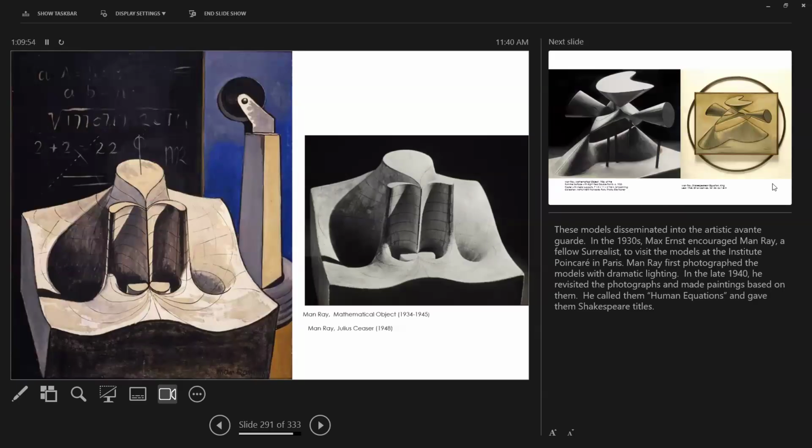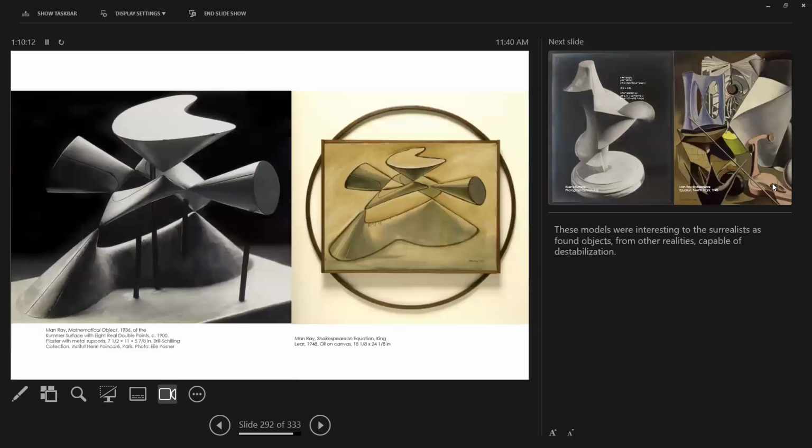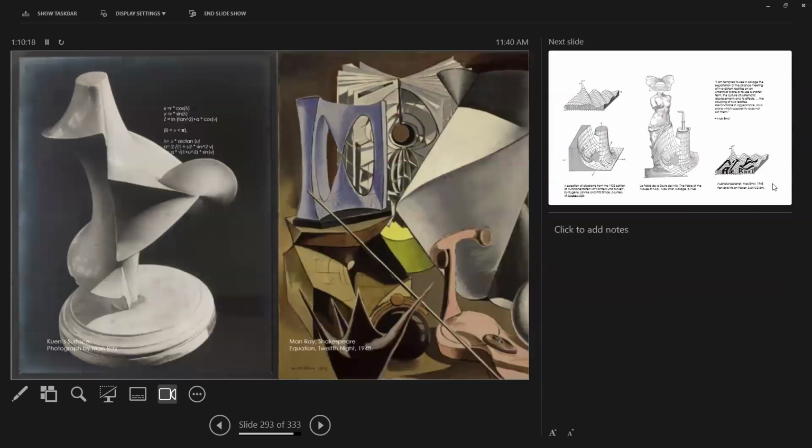And they were adopted by the surrealists for their strange, unknowable properties and then pasted into photos of other things. This is Man Ray bringing them into his paintings in order to sort of dislodge the viewer from any particular perceptual framework.